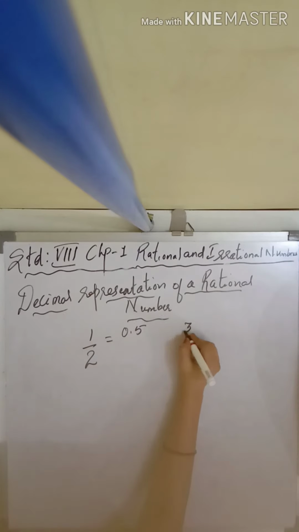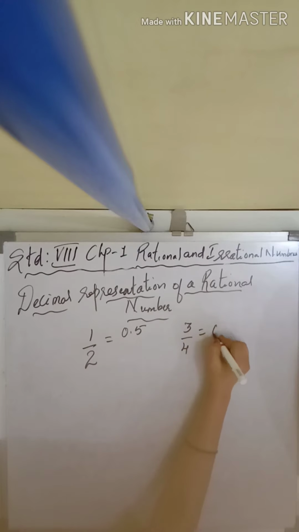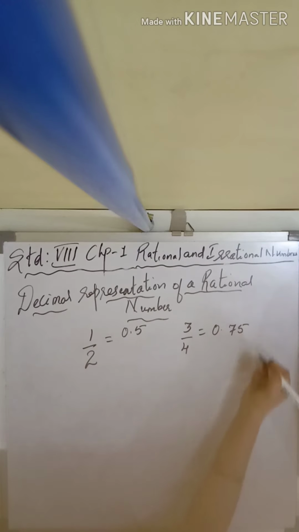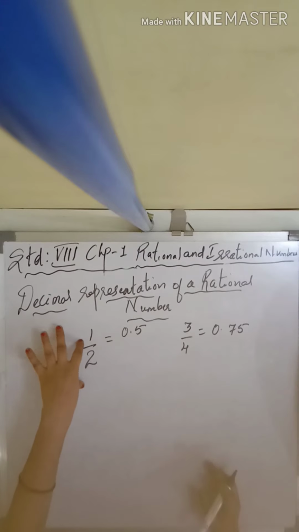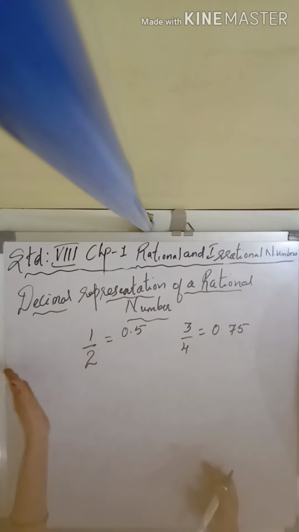If I take 3 upon 4, it will become 0.75. Okay children, this way when we convert a fraction or rational number into decimal, it is called decimal representation of a rational number. So converting rational numbers into decimal is known as decimal representation of a rational number.